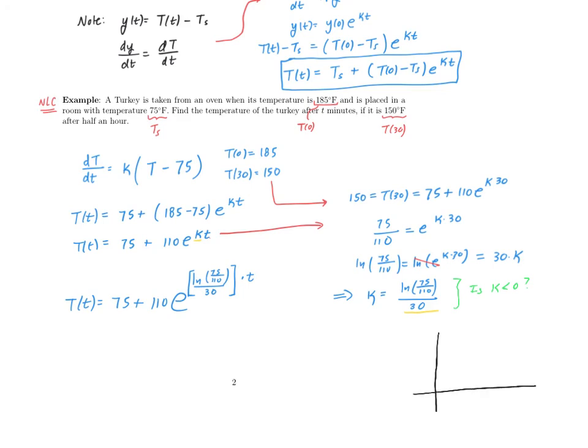So the first thing I'm going to do is just remind you what the graph of the natural log looks like. The graph of the natural log has this form, and its x-intercept is 1. What I want to observe is 75 over 110 is less than 1.